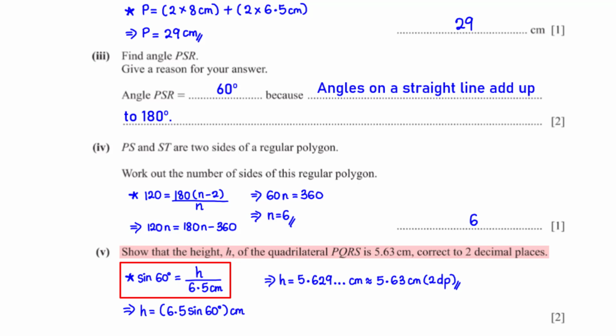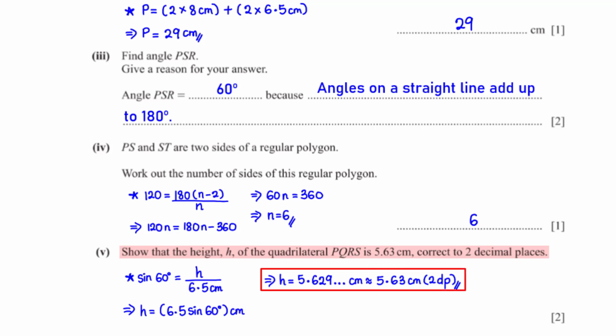When we make h the subject, we get 6.5 sine 60. When we type this into the calculator, we have 5.629 centimeters, which is approximately 5.63 centimeters rounded to 2 decimal places.